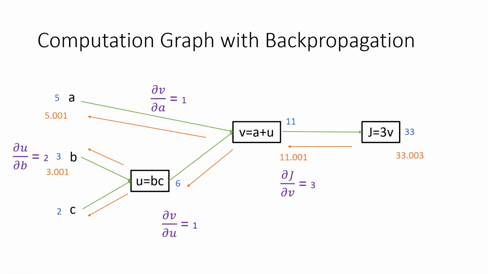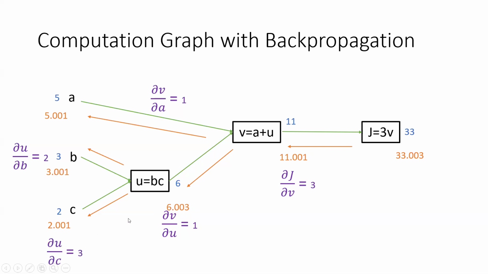So now we remove this value and we increment the c value by 0.001. Then what would happen? We use the original value for b, which is 3, and bc is 3 times 2.001, which is 6.003. So when you increase c by 0.001, u has increased by 0.003.